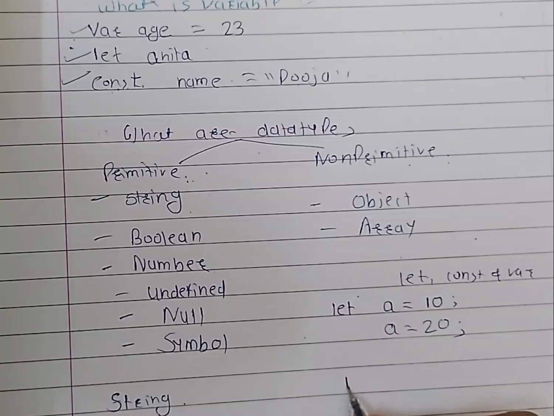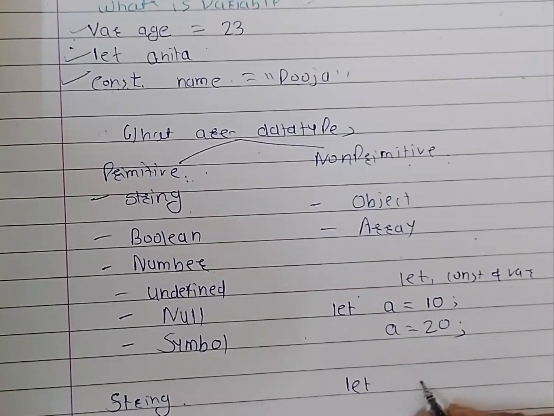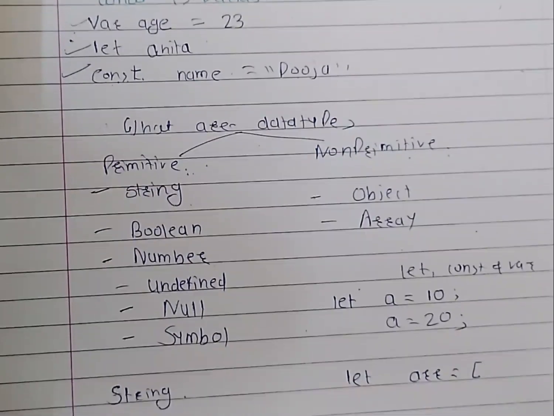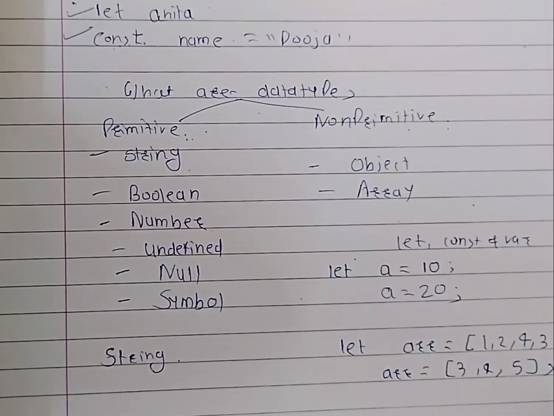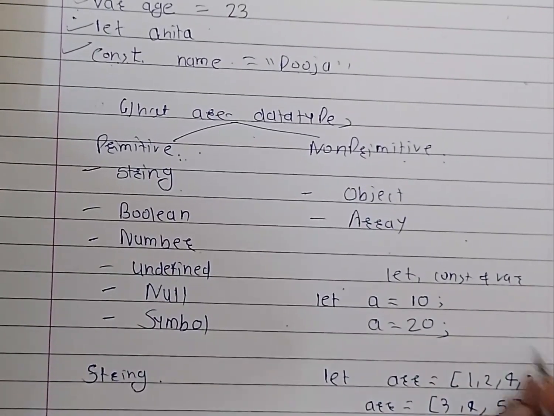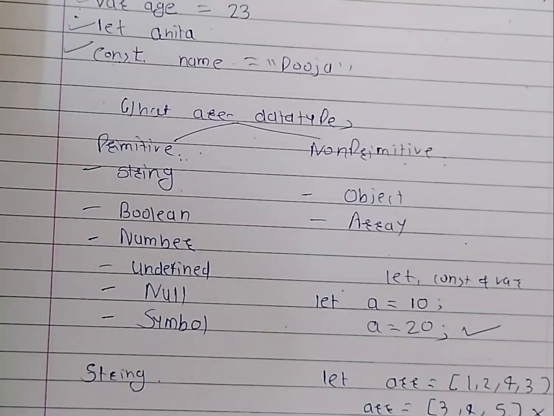If we declare let arr is equal to 1 2 3 4, we can't do it like this, 3 4 5. Is it valid or not valid? So these are the main differences between these two data types.